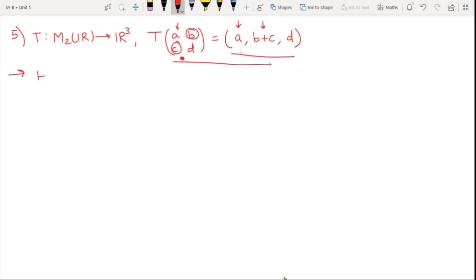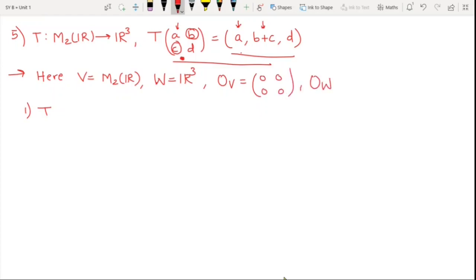So here I will say our V is equal to M2 of R and my W is equal to R3. Let us go for the first condition. First of all I will write the zeros. My 0 of V is the 2 by 2 zero matrix and 0 of W is equal to 0, comma, 0, comma, 0.